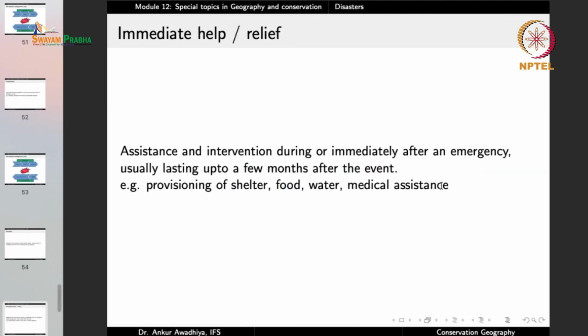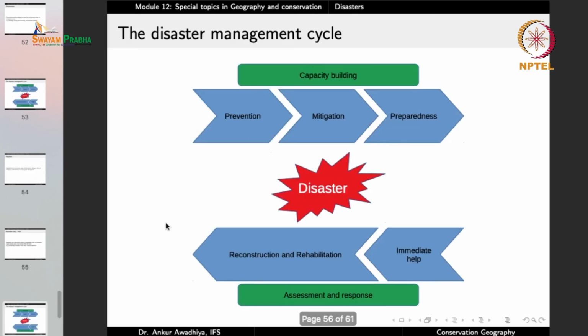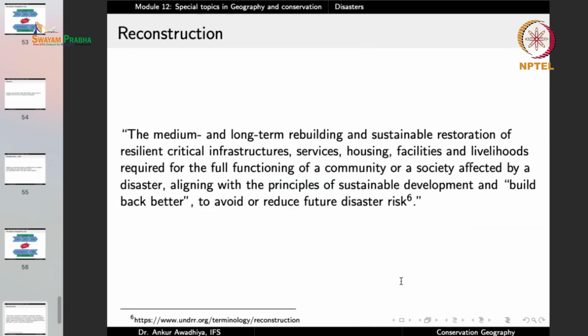This includes giving immediate help or relief, which is assistance and intervention during or immediately after an emergency, usually lasting up to a few months after the event, such as provisioning of shelter, food, water, and medical assistance. So that is immediate help. This can be followed by reconstruction, the medium and long term rebuilding.